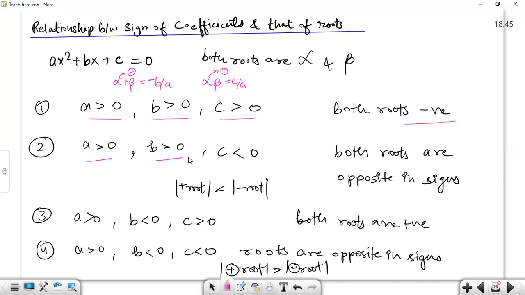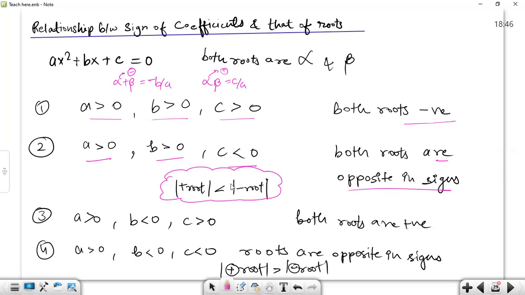Similarly, we have found out about all of the rest. When A is positive, B is positive, and C is negative, both roots are of opposite sign. Opposite sign means if one root is positive, the other root will be negative, and if one root is negative, the other root will be positive. It is a condition here that the positive root will be less than the negative root. We are not considering the sign of negative here.